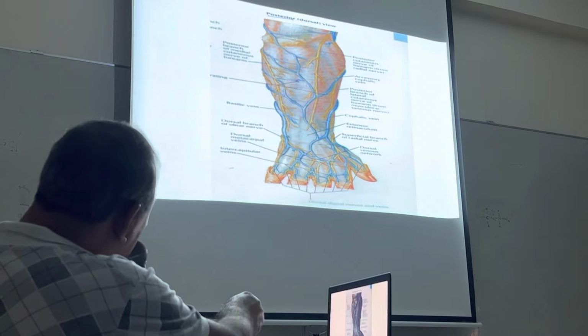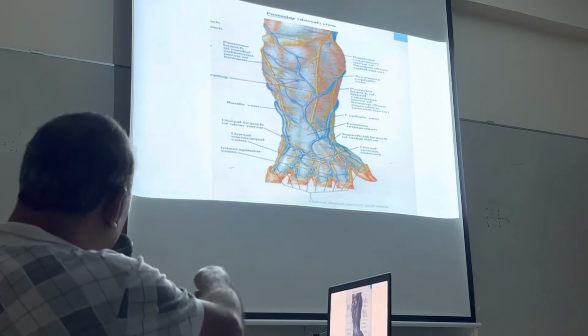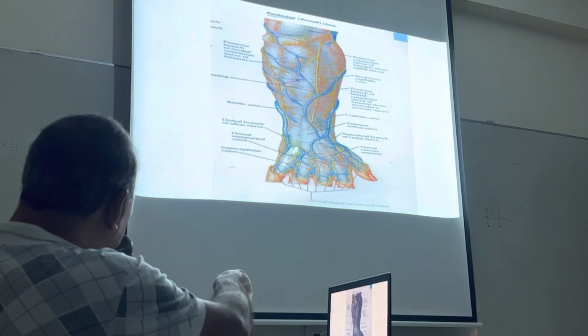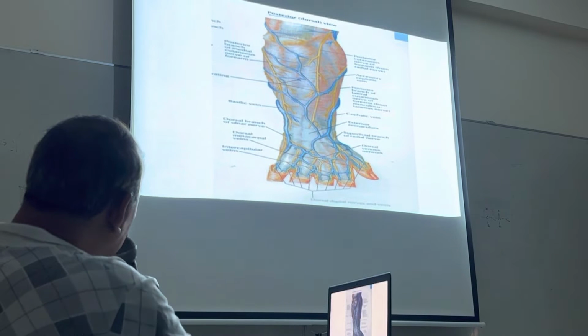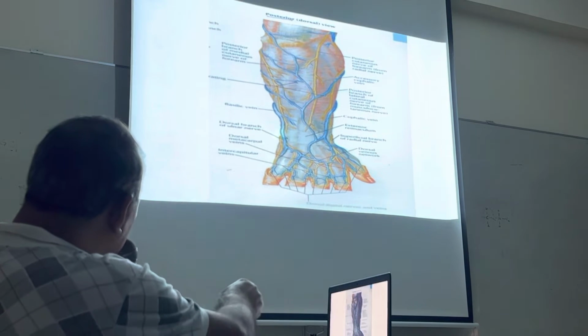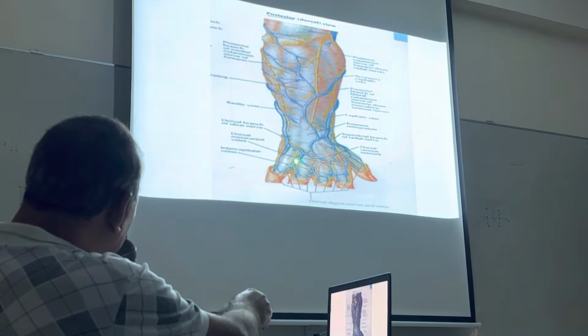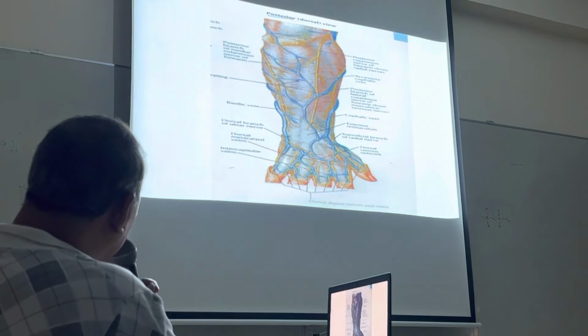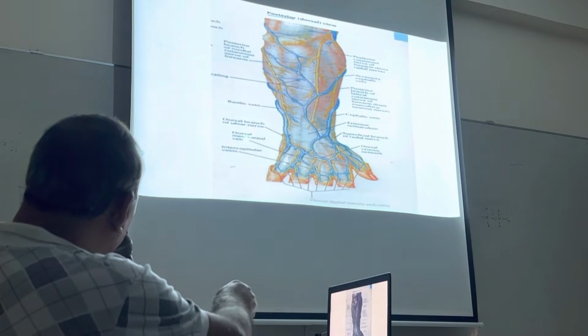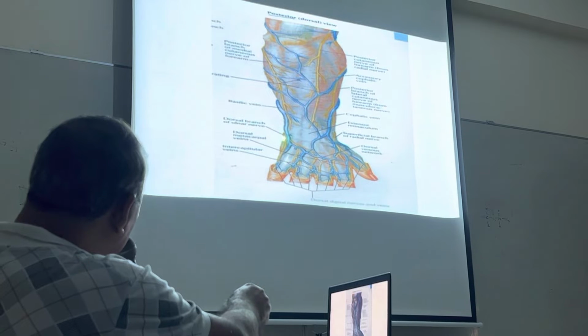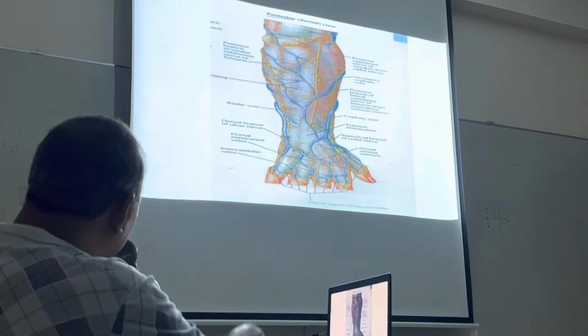So in the anatomical position, this will be on the medial side. So more or less the medial one-third of the dorsum of the hand is supplied by the posterior or dorsal branch of the ulnar nerve in this area here. Okay?